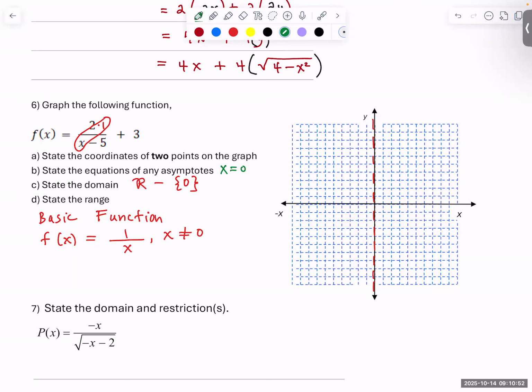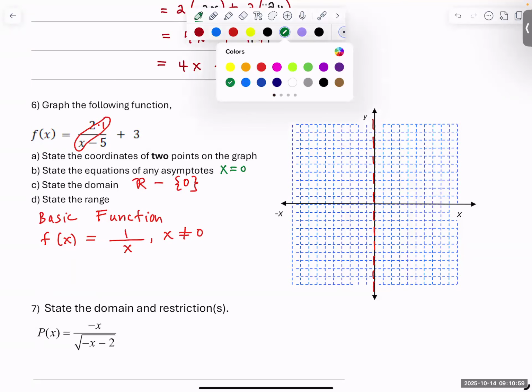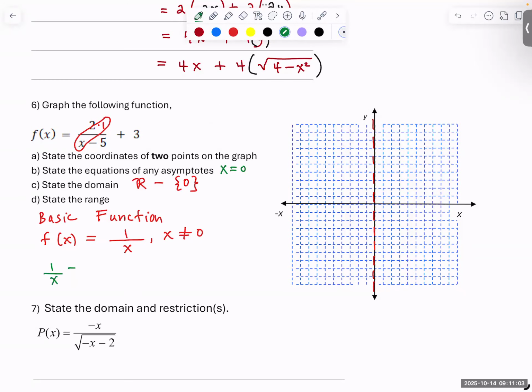Now the other asymptote is the x-axis because the fraction 1 divided by x can never equal 0. It's impossible to divide 1 by any number and get 0. And 1 divided by x, that's equal to f of x, which is y.